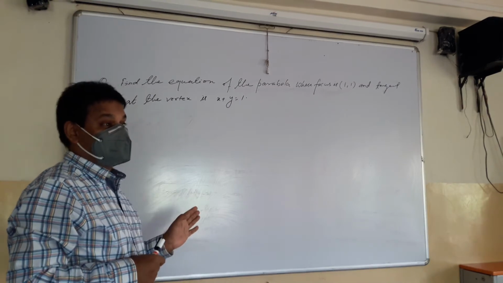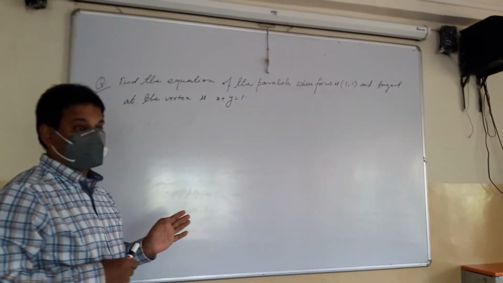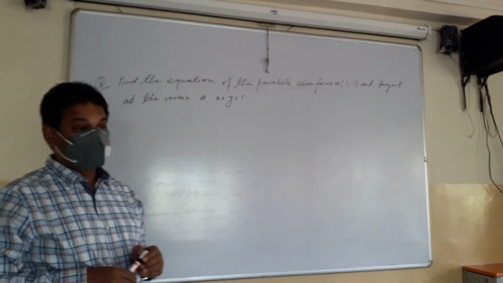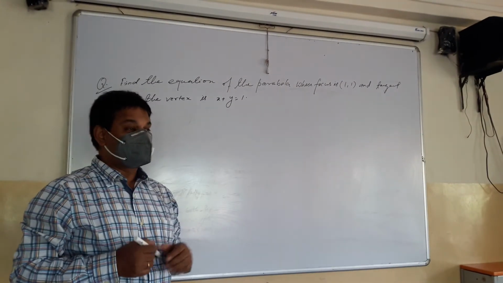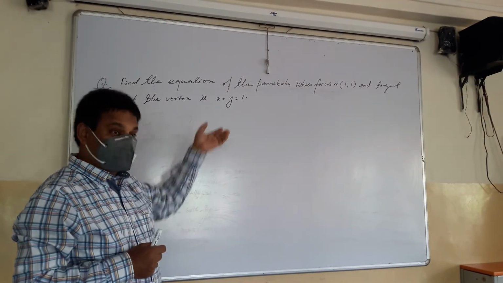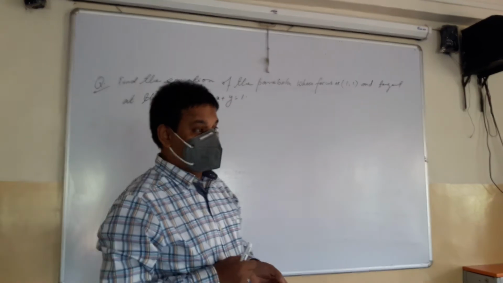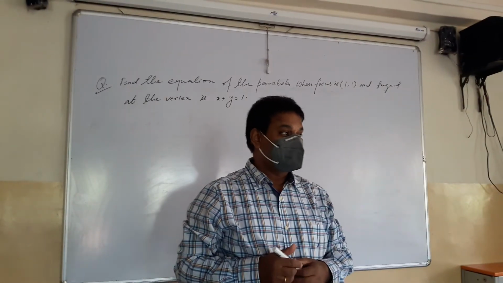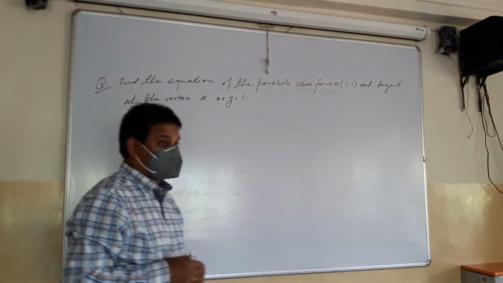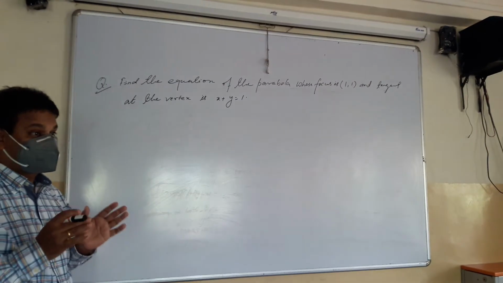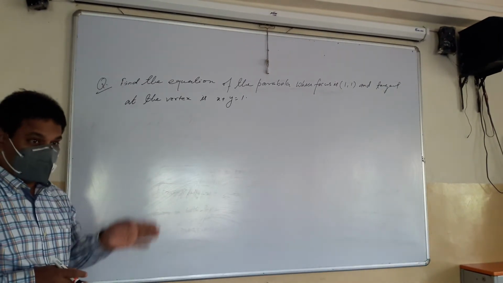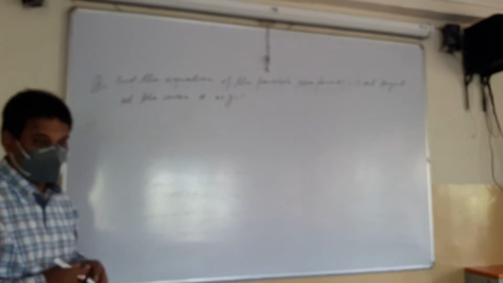If we get the directrix, then we can use PS equals PM, because this is a parabola, eccentricity will be 1, so PS equals PM. Clear? Yes, sir. So our purpose is to find the equation of the directrix.